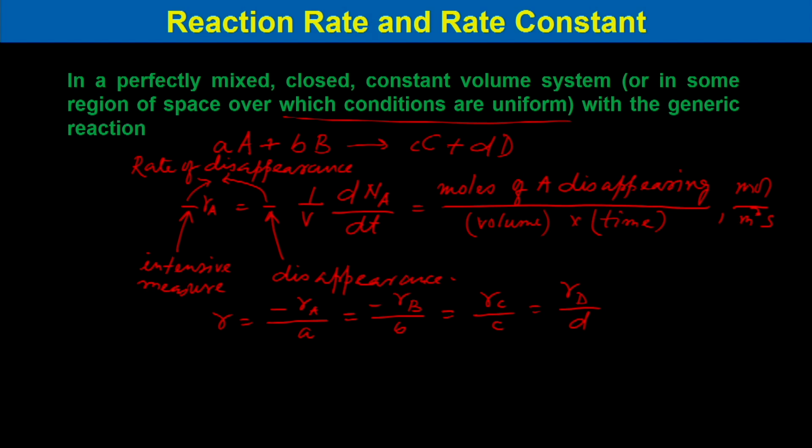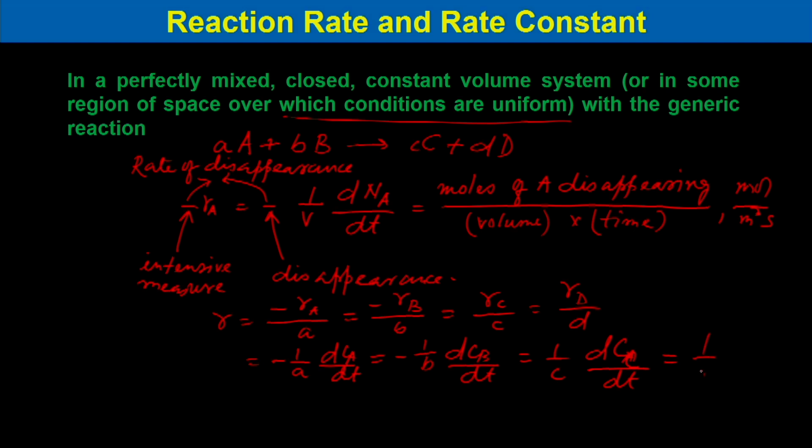Or we can write this as R is equal to minus 1 by a dCA/dt, which is equal to minus 1 by b dCB/dt, which is equal to 1 by c dCC/dt, which is equal to 1 by d dCD/dt. The coefficients, as you can see, a, b, c and d are the stoichiometric coefficients.